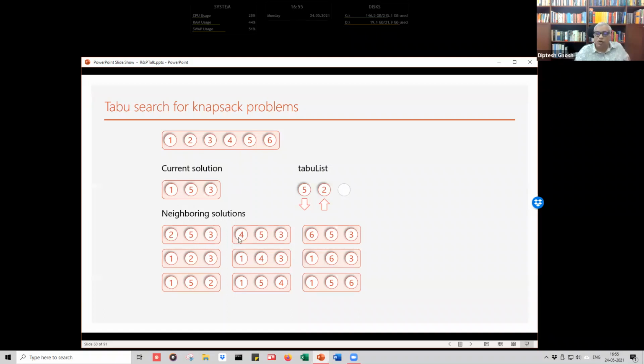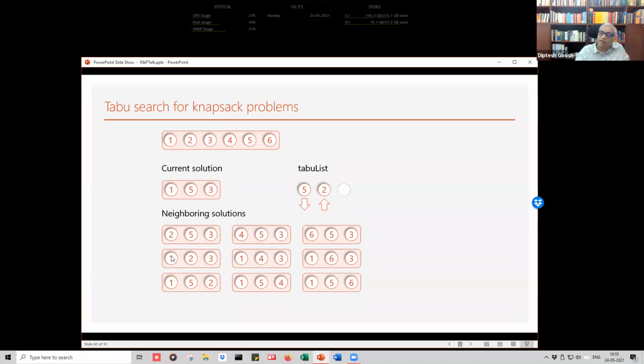Similarly, here, I am taking out 1 and bringing in 4. That is not taboo, so this is quite all right. This is also quite all right. Now, what is happening here? Here, my 5 is coming out and 2 is coming in. Both of those are taboo.